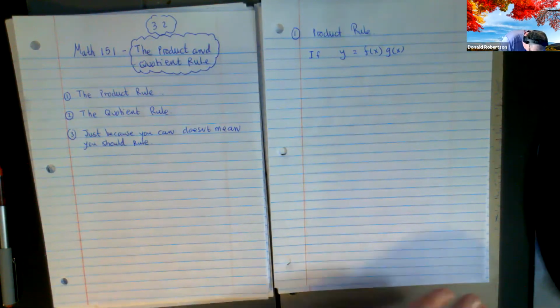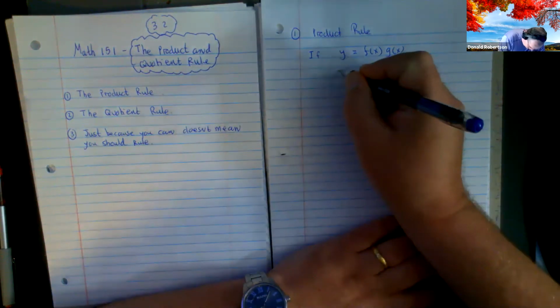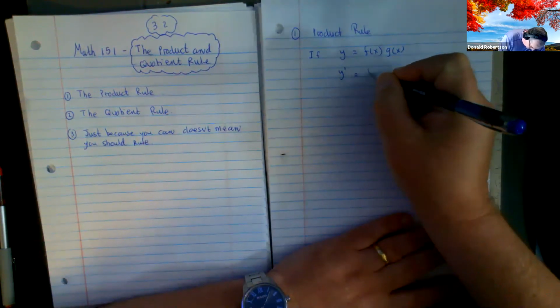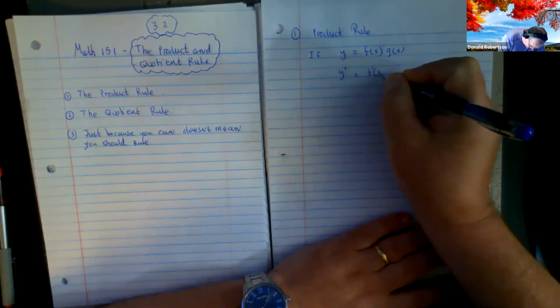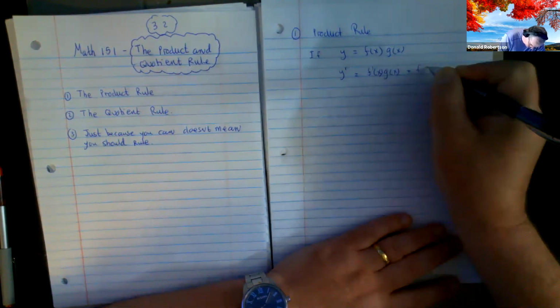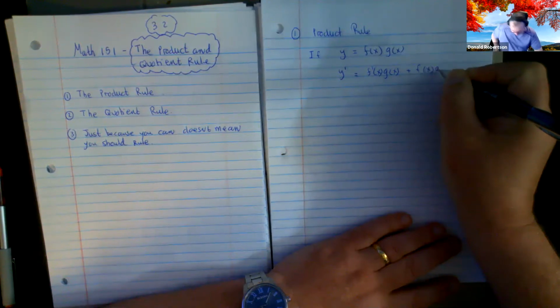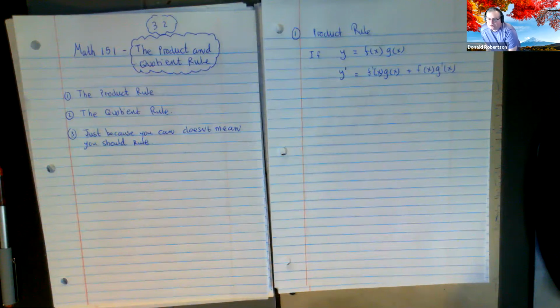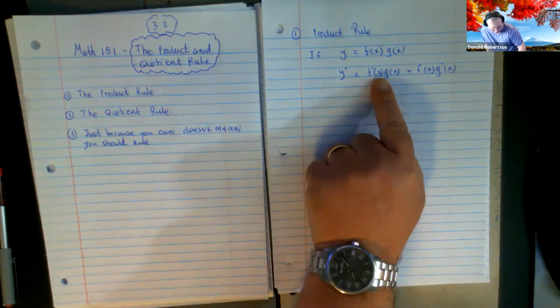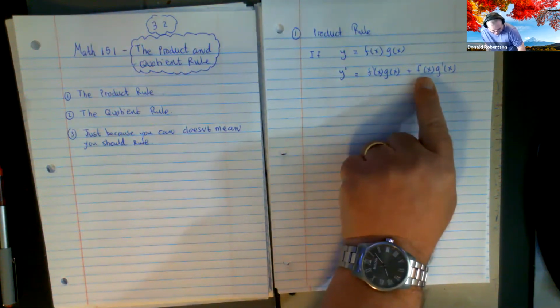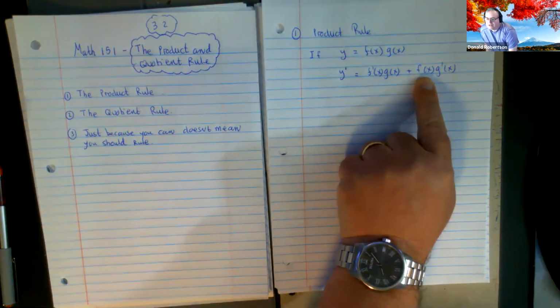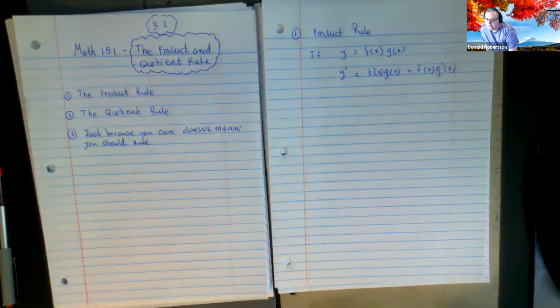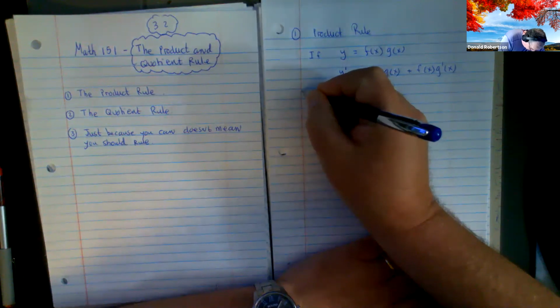And the derivative, which I'll use that notation, is f dash g plus f g dashed. And it's a formula. You plug in the derivative for f, you multiply that by the untouched g, then add the untouched f and you multiply by the derivative of g. So let's show you an example of that.